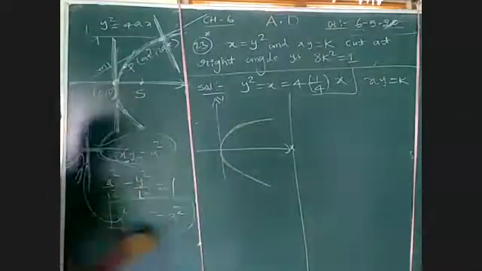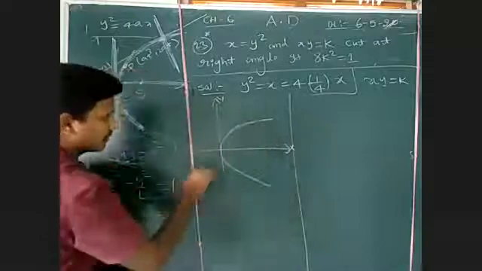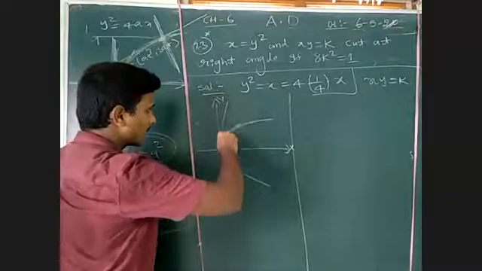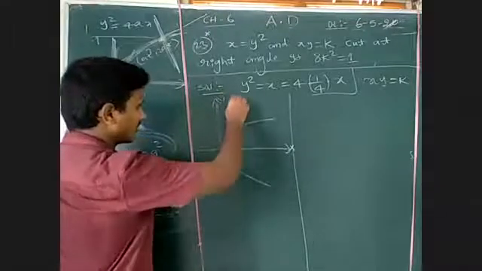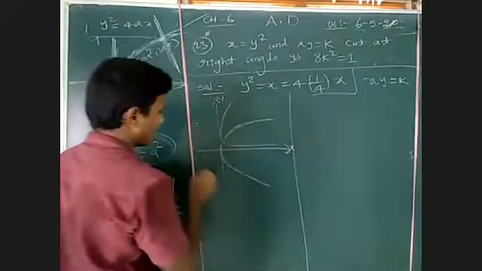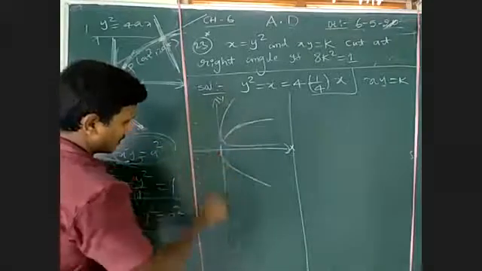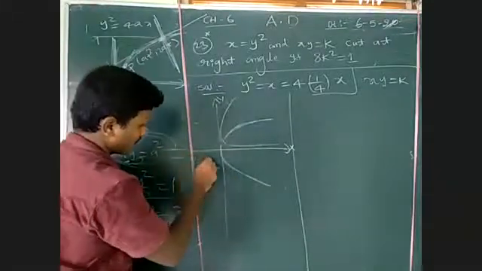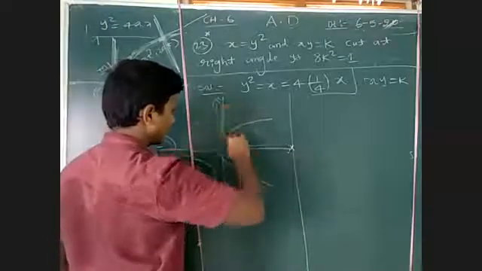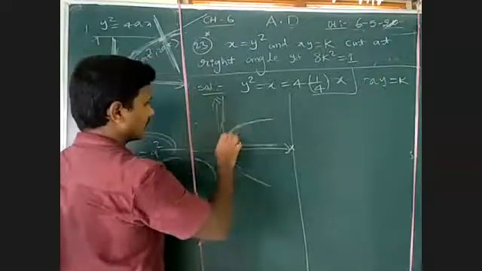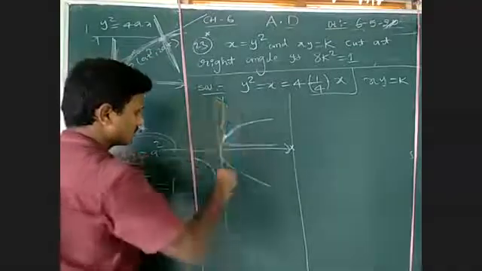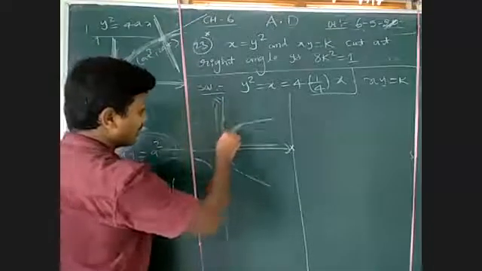Generally this rectangular hyperbola is drawn like this, whereas the xy is equal to c square graph we can draw like this. This is the graph. See, here both curves are intersecting at this point, at 90 degrees, right angle.